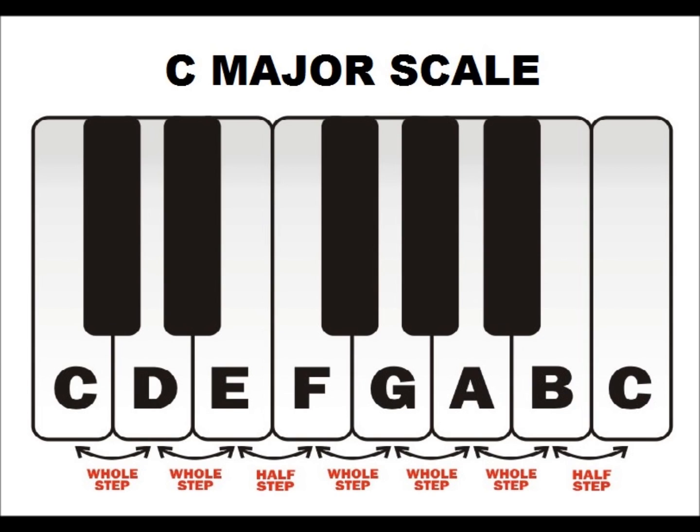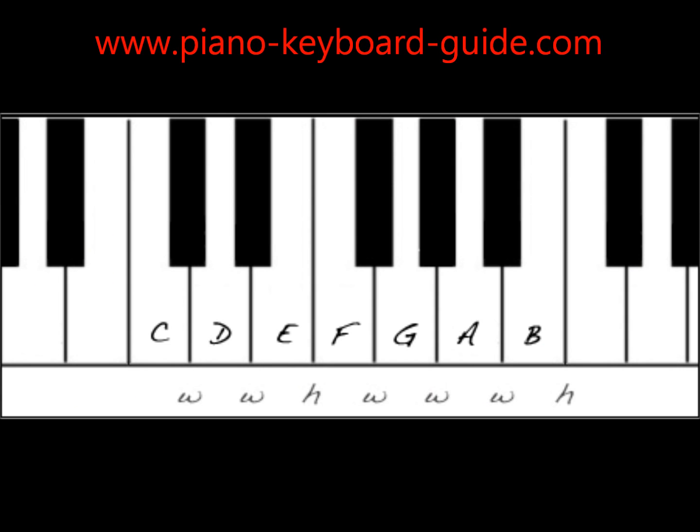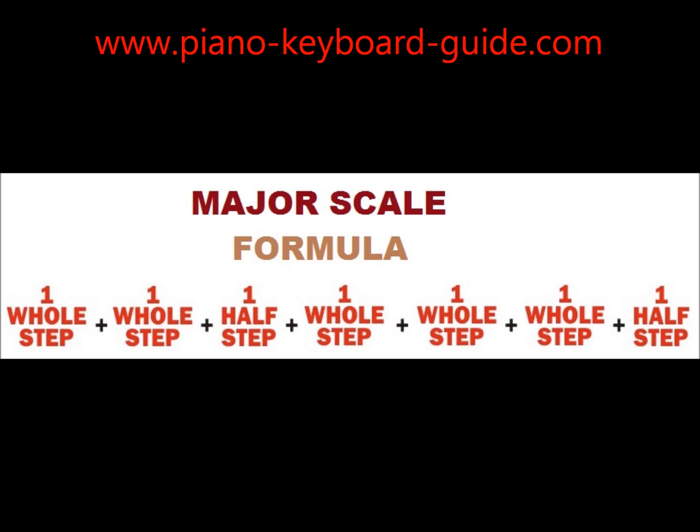The root is followed by a whole step, then another whole step, a half step, a whole step, a whole step, a whole step, and finally a half step. The formula for forming a major scale is W, W, H, W, W, W, H. A whole step, whole step, half step, whole step, whole step, whole step, half step.